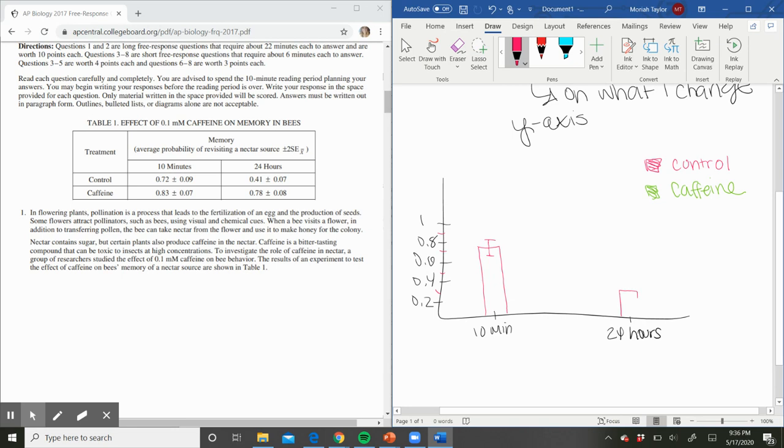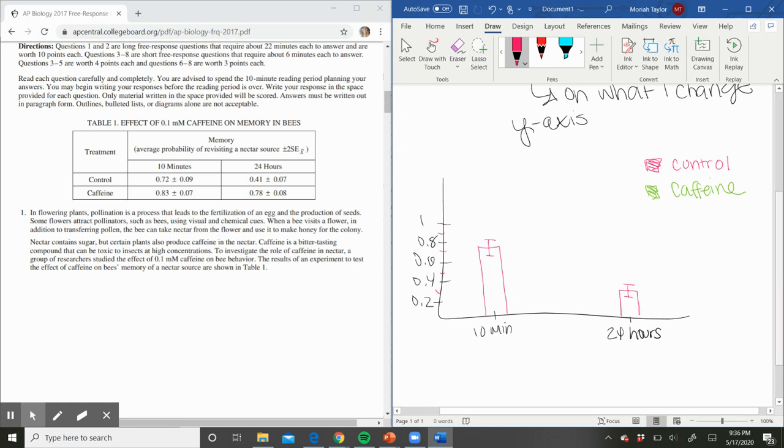It's about 0.41. And then the 2 times standard error is 0.07. So I'm going to go 0.07 down. So 0.41 minus 0.07 is 0.34. 0.34 is right here. And then it's going to be 0.41 plus 0.07, so 0.48. So like that. So that's just the error bars for that one.